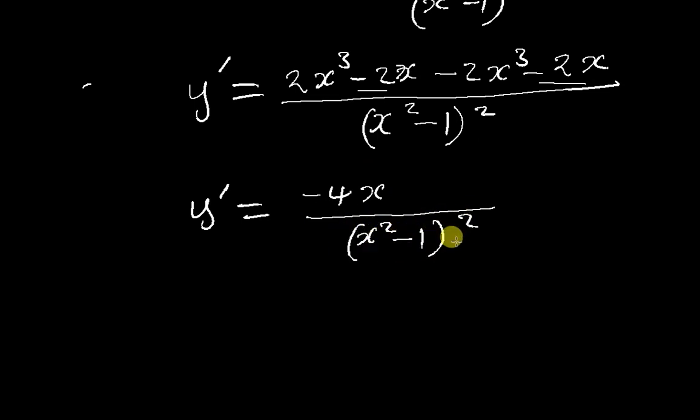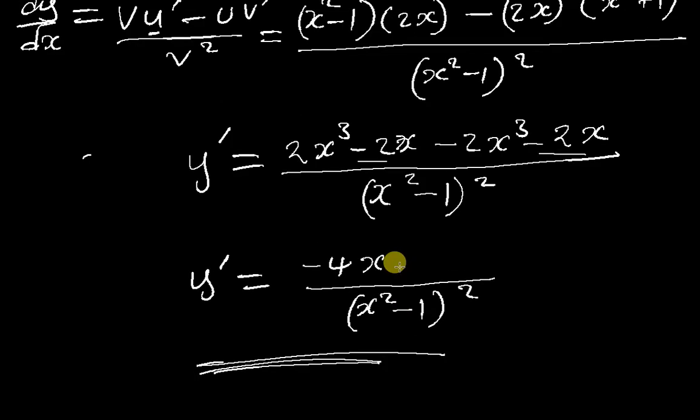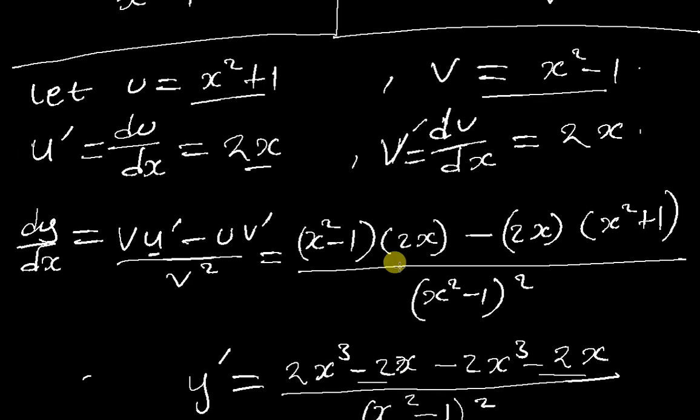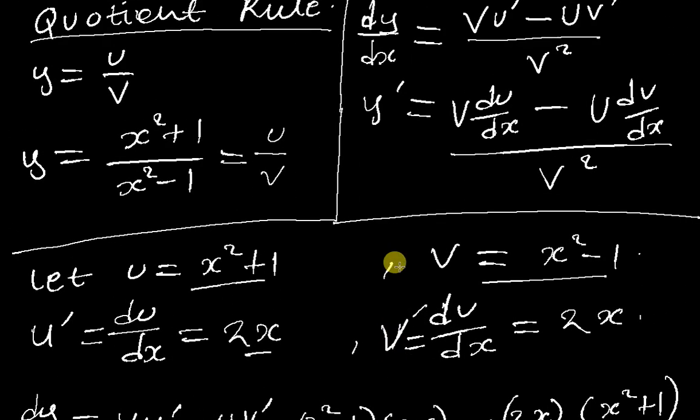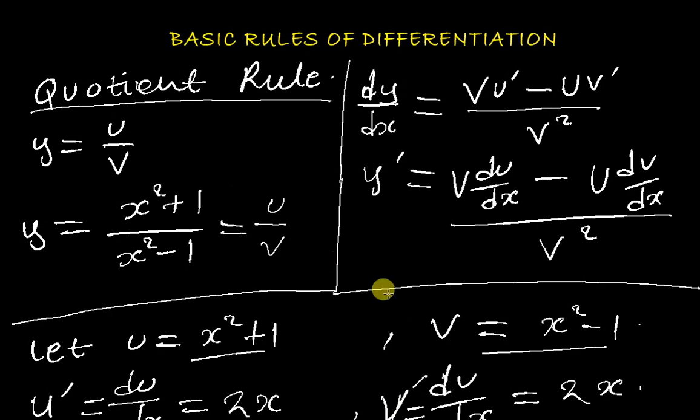So this is how simple the quotient rule is. For the quotient rule, the same thing applies. The most important thing is knowing the formula. Once you know the formula and how to use it, you'll never get any question involving the quotient rule wrong. You'll always be getting them right.